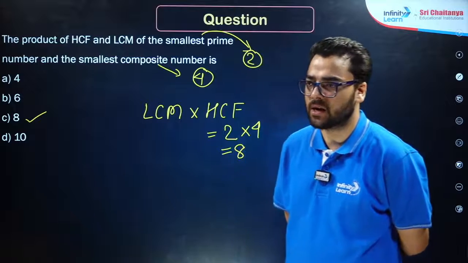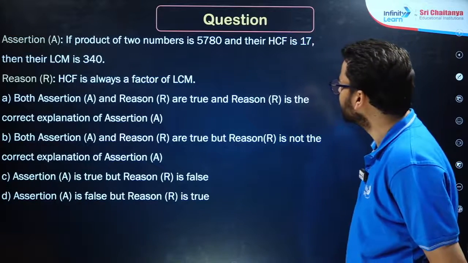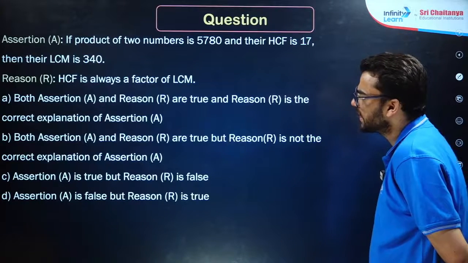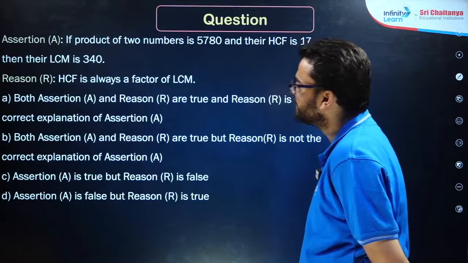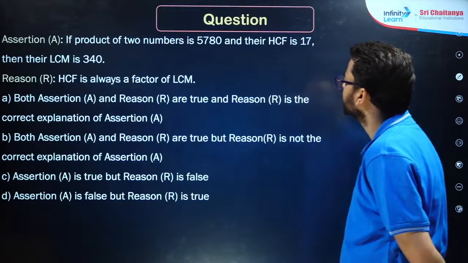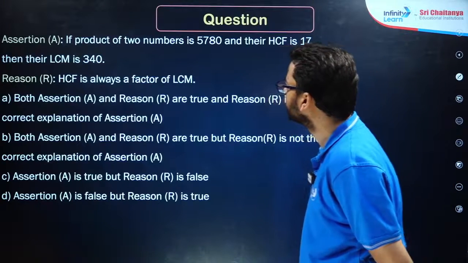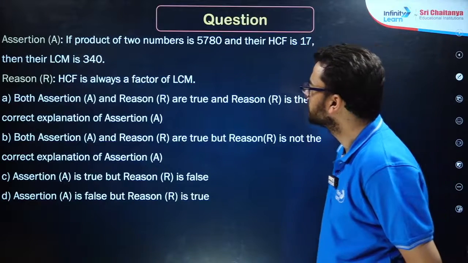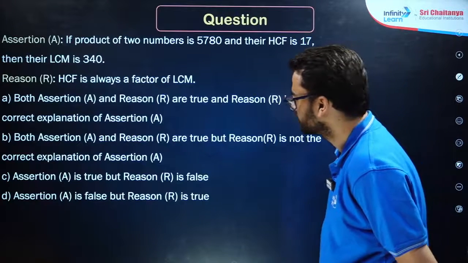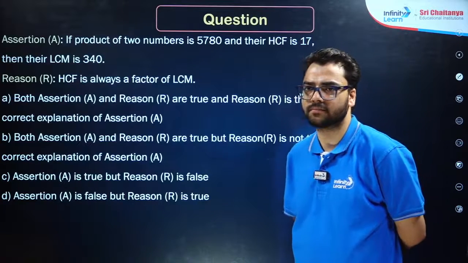Okay. Now do this one as well. If the product of two numbers is this and their HCF is this, then their LCM is this. Now, second option, reason is HCF is always a factor of LCM. Which option is correct over here?